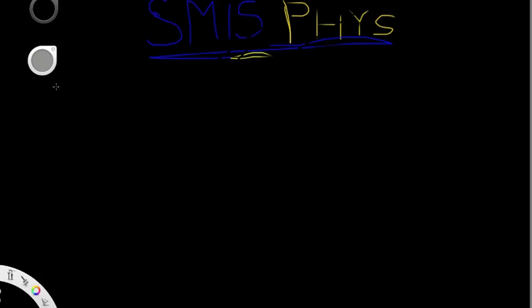One of the representations can be shown like this: dS, which is the symbol for entropy, S is the symbol for entropy, is equal to dQ over T.